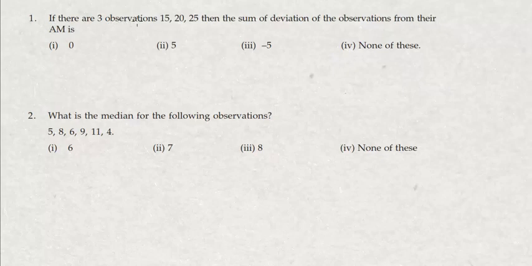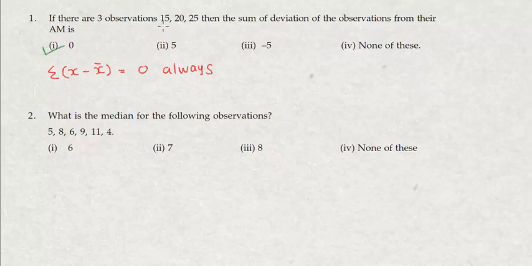If there are three observations, 15, 20 and 25, then the sum of deviation of their observations from their arithmetic mean is. We know that sigma x minus x bar is equal to 0 always. So the answer here in this case is 1, that is 0.